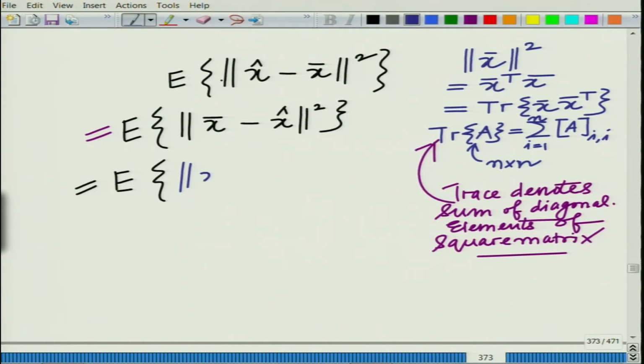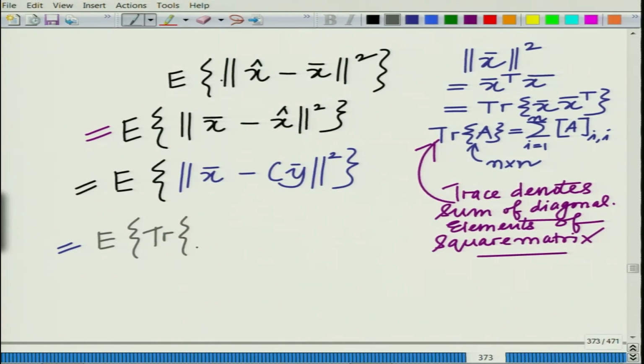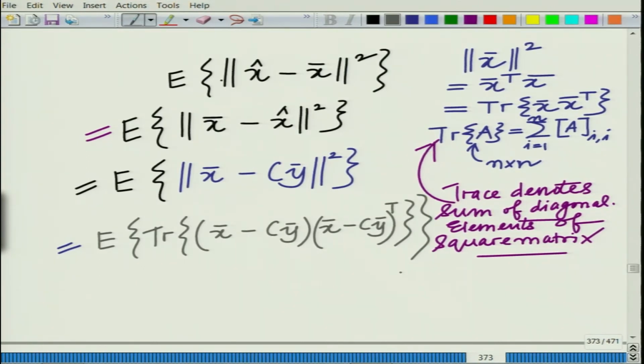So, this becomes x bar minus C y bar norm square, which is expected value of trace of, now let us bring in the trace, trace of x bar minus C y bar times x bar minus C y bar transpose, and close the brackets.